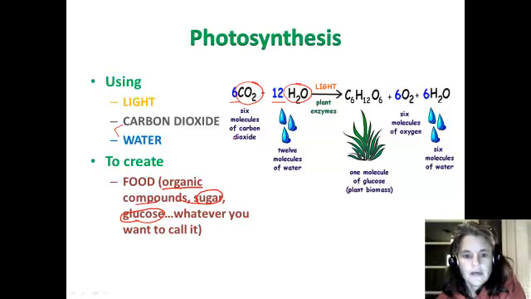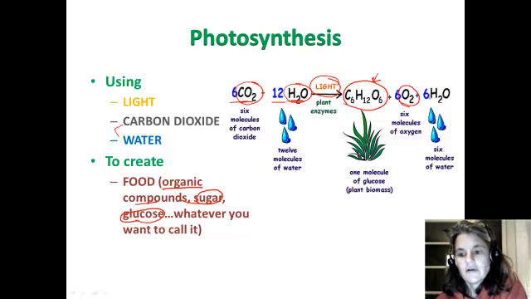Your CO2 is going into this equation. Plants are obtaining it from the air, also obtaining from their environment. Usually, if we're talking about land plants, from the soil. They are obtaining water, and they are using the energy of light to force these things to create that molecule, which is the glucose, C6H12O6, one molecule of that. And as a byproduct, some stuff is also given off besides the thing that the plant really wants, and that's the food.